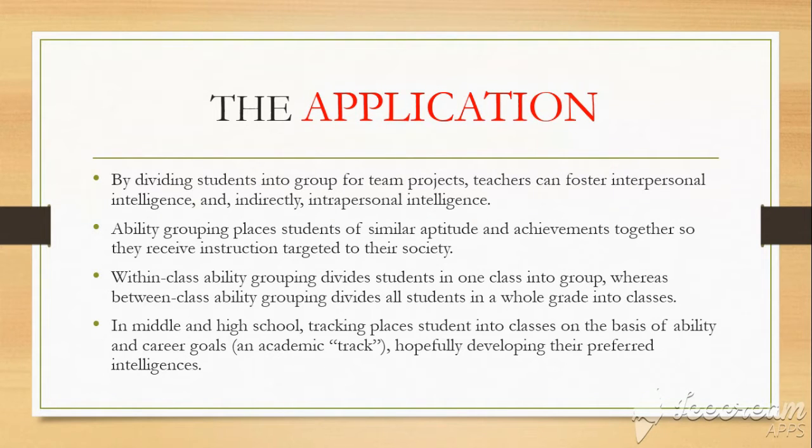Ability grouping places students of similar aptitude and achievement together so they receive instruction targeted to their level. Within-class ability grouping divides students in one class into groups, whereas between-class ability grouping divides all students in a whole grade into classes. In middle and high school, tracking places students into classes on the basis of ability and career goals, hopefully developing their preferred intelligence.